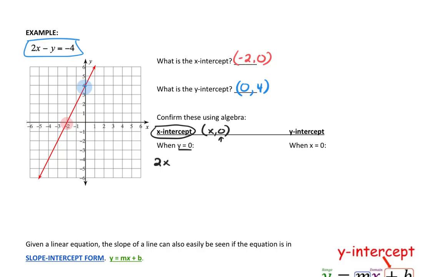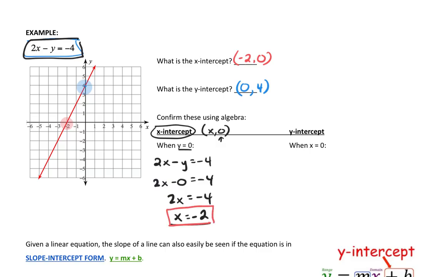So I've got 2x minus, I'm writing this equation right here, I'm going to replace y with 0. So 2x is equal to -4. So x is -2. Hey, look at that. This x-intercept is at -2.